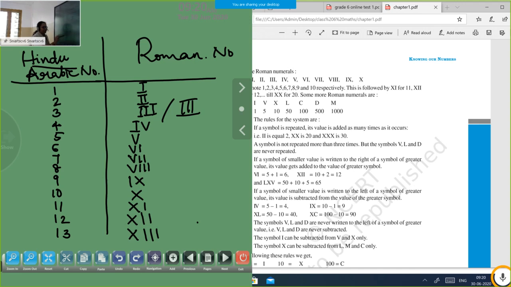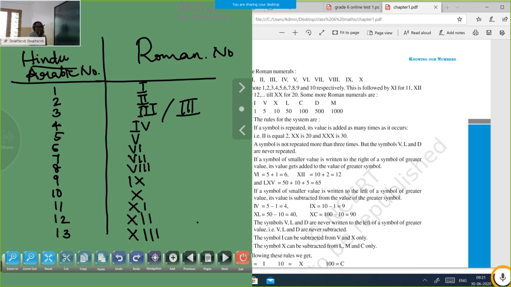For 11, put X, then put I on the right side, that represents 11. So write it down. Teacher wrote up to 13. Now you have to complete up to 20, okay? 1 is I, 2 is II, 3 is III.